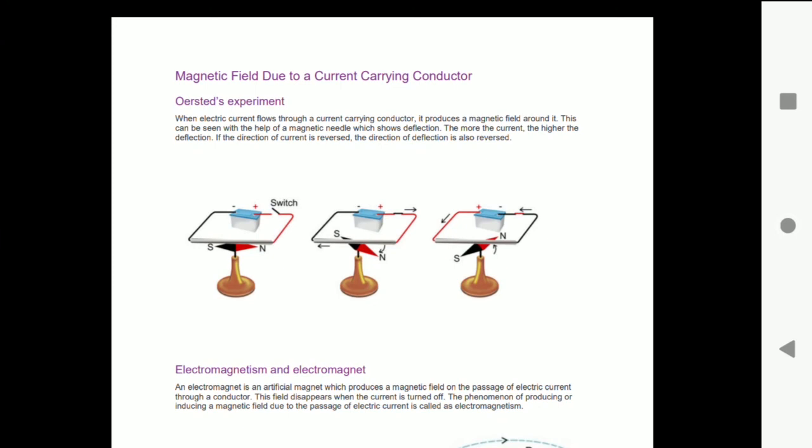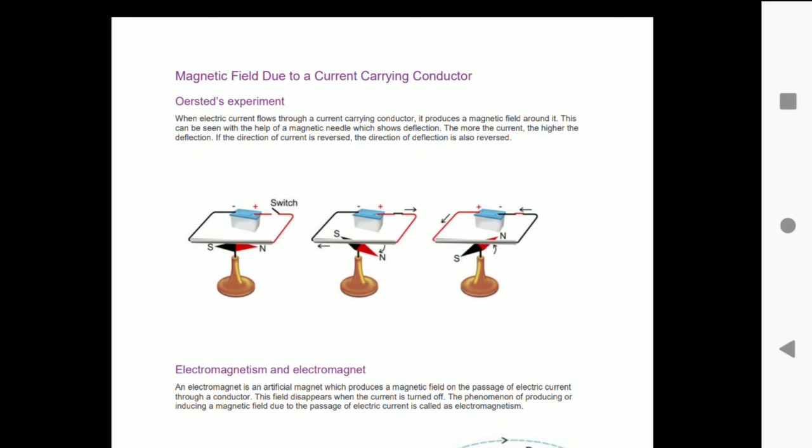Change the connections. This would result in the change of the direction of current through the copper wire, that is from south to north. Now we observe the change in the direction of deflection of the compass needle. You will see that now the needle moves in the opposite direction, that is towards the west.